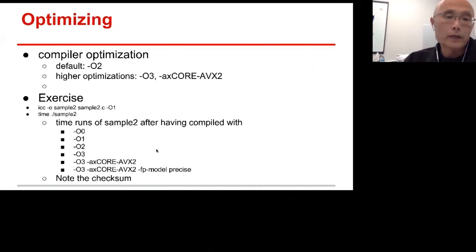And the final optimization here I have, which has the flag fp-model precise, makes sure that the floating point operations are done according to a set standard. So just try running some of these different optimization levels, interactively on your login node and also by running with sbatch.